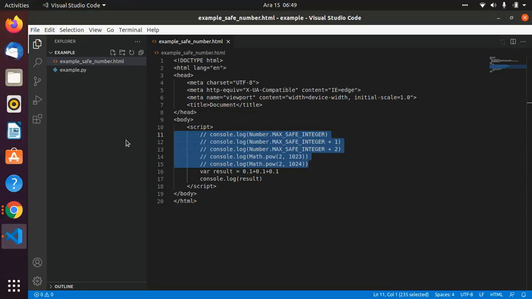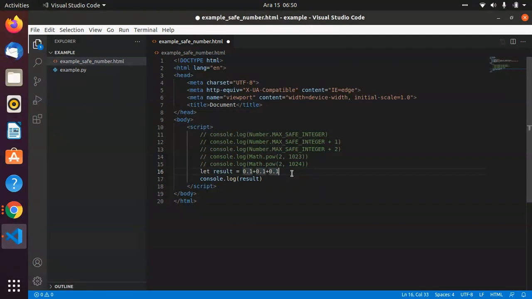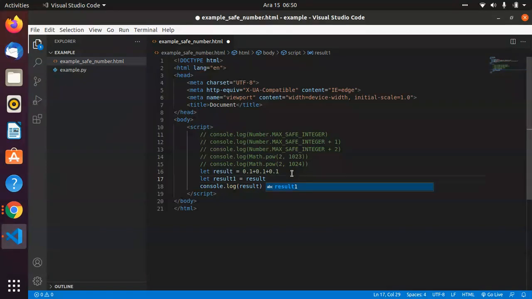So yes, this one. You can do it also with let. Sometimes you can change this variable: result1 equals result, and you can export your other variable here.